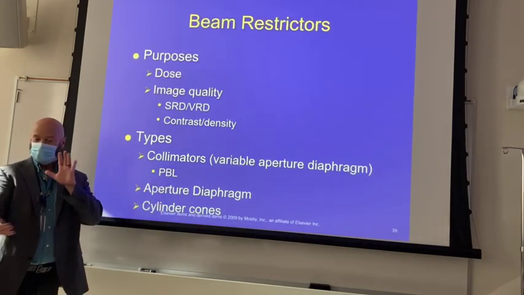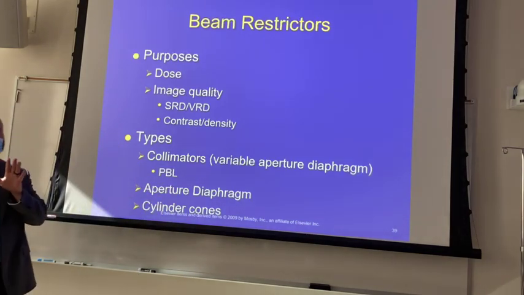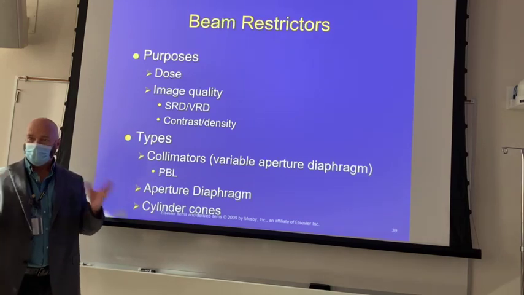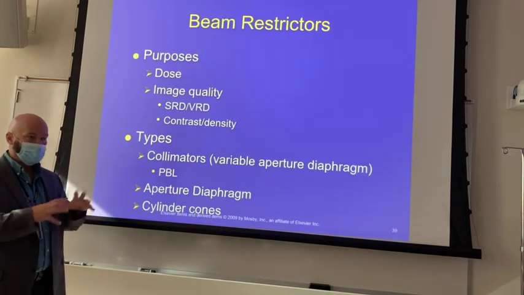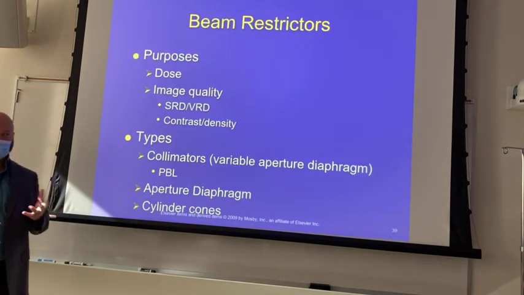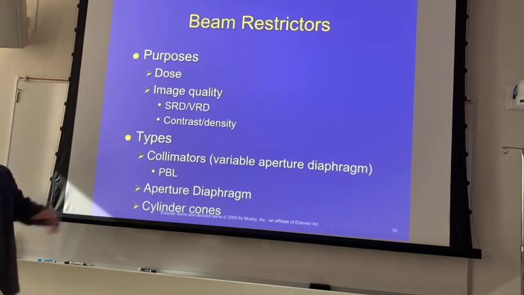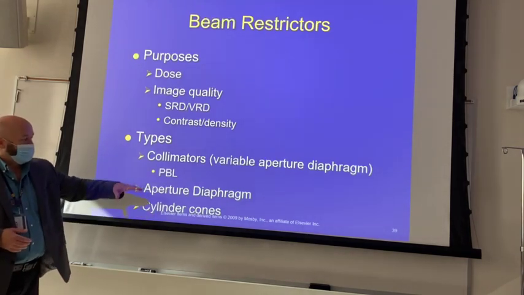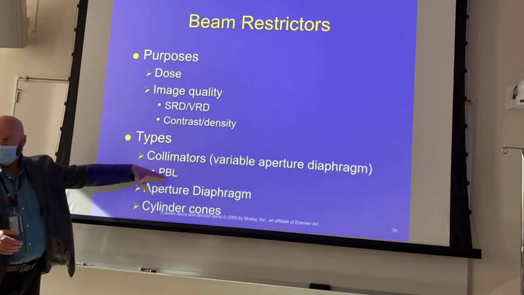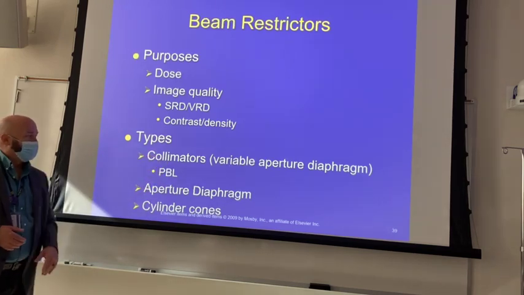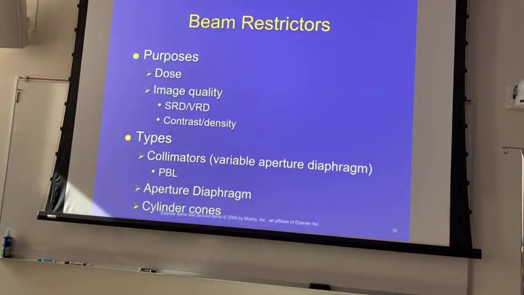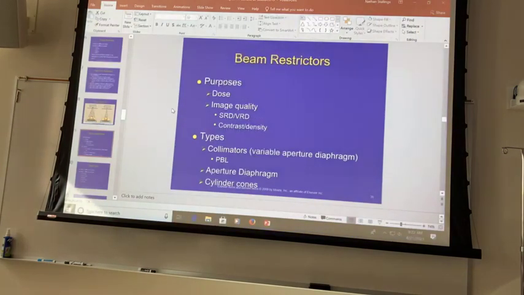So you had collimators this deep, and you'd have no off-focus radiation whatsoever coming through that cylinder cone. Those have kind of become extinct, so primarily what you use to restrict your beam is going to be collimators. That's variable aperture diaphragm. Okay? Any questions?